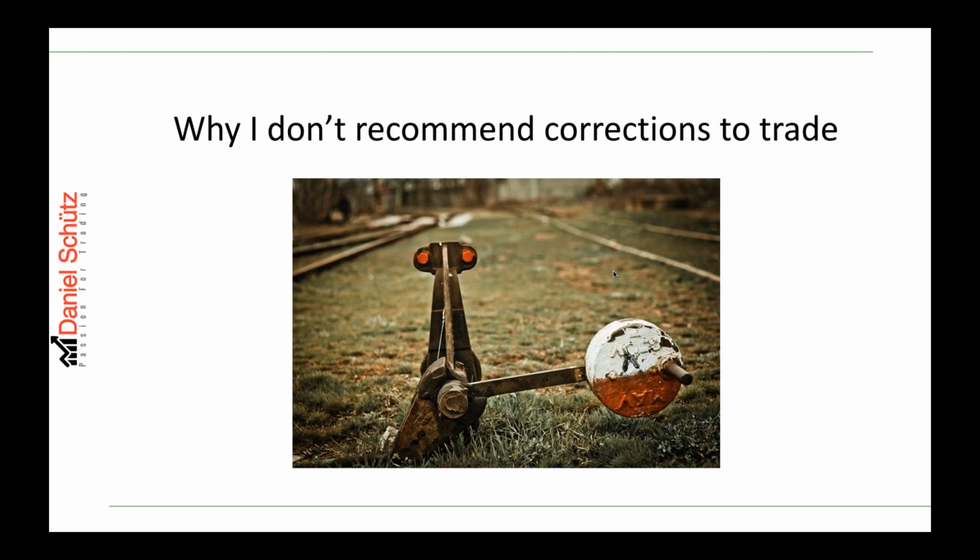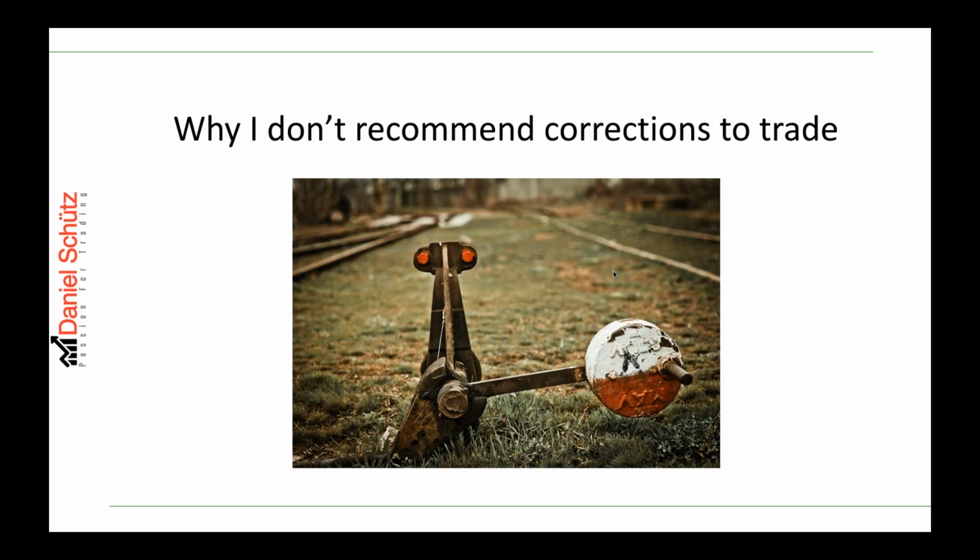So now, why I don't recommend trading corrections, especially for newbies in trading. There are 12 standard correction patterns and 10 special shapes for the correction. So all in all, we have 22 different kinds of correction waves or correction patterns we can have.